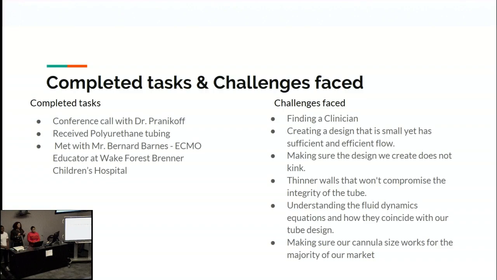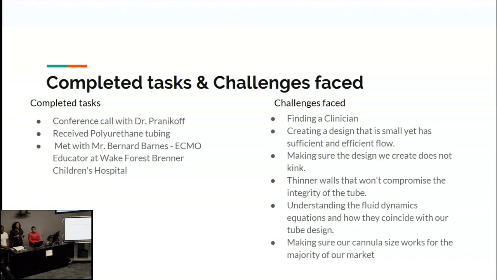So we need to make sure the design does not kink, because kinks will disrupt the flow of blood. Thinner walls that won't compromise the integrity of the tube: we want thin walls for the baby, but thin walls can cause kinking. So that will also be a very big challenge.